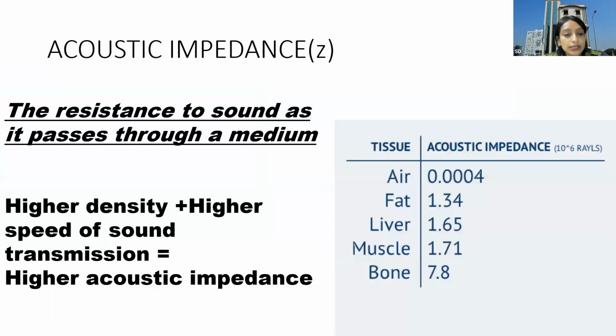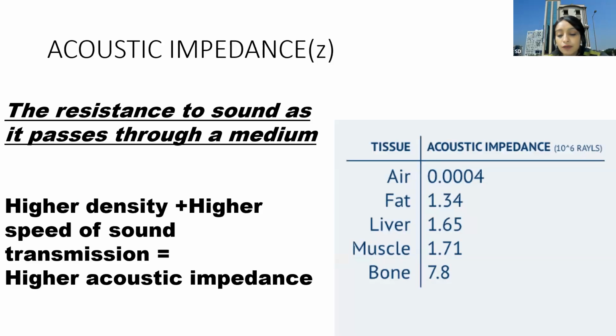Then is acoustic impedance. So what is acoustic impedance? It is the resistance to sound as it passes through a medium. So what we see is that if there is higher density and higher speed of sound transmission, then there is higher acoustic impedance.